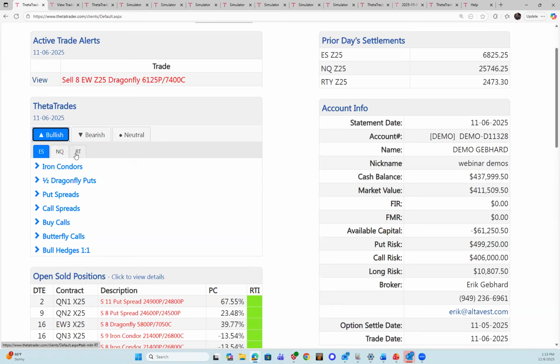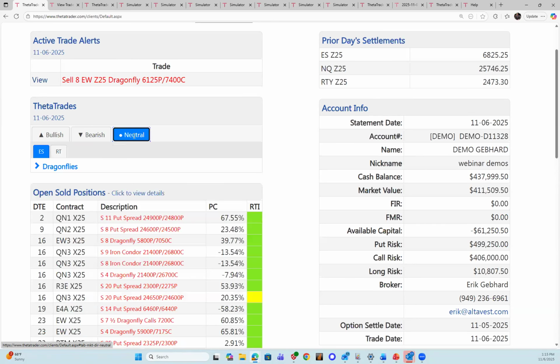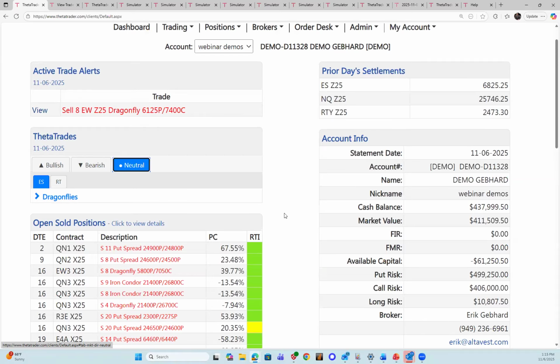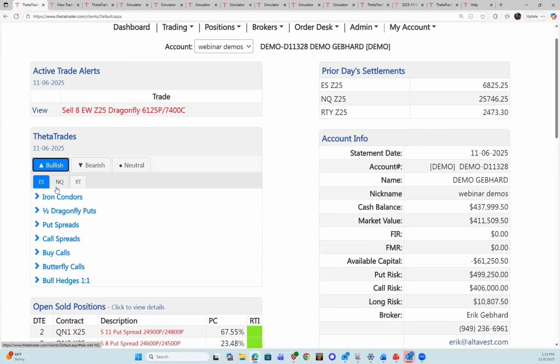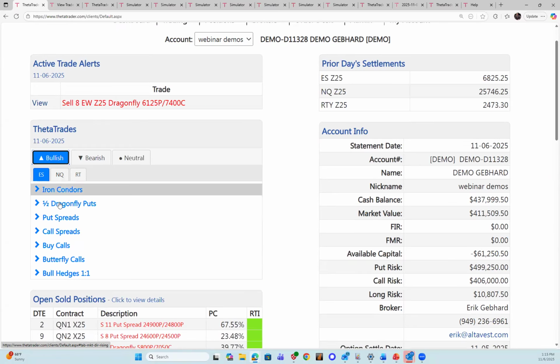So these are the indexes we're looking at. There are trades available that are bullish and bearish for all those three markets, and only the E-mini S&P 500 and Russell mini currently have a neutral trade for today. And that's because the algo decided that's your best risk and reward.